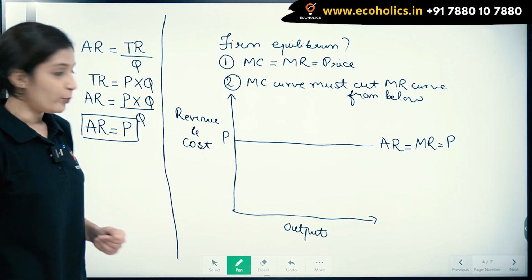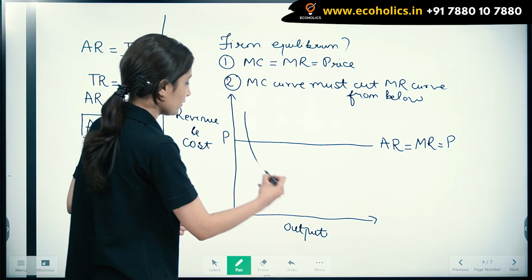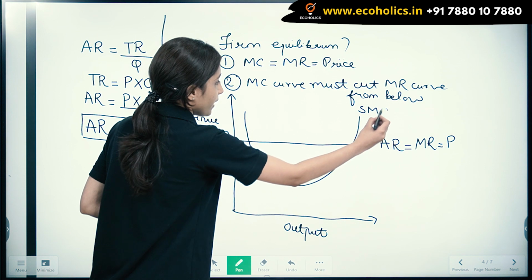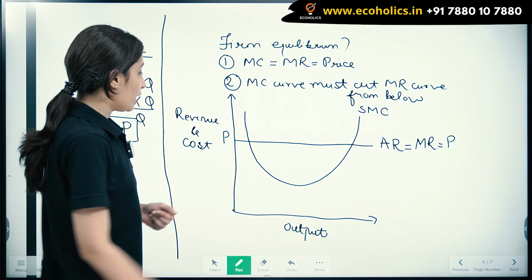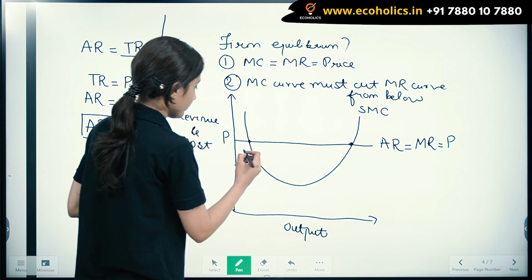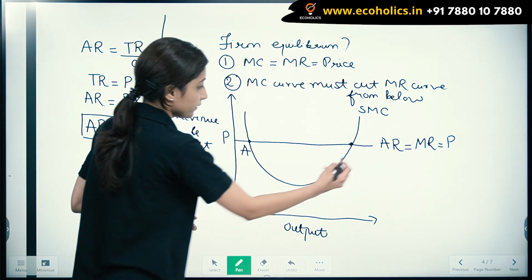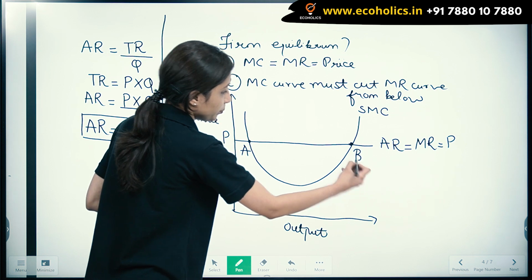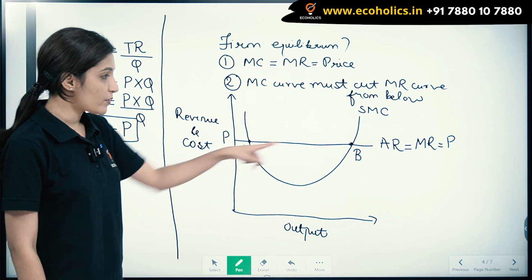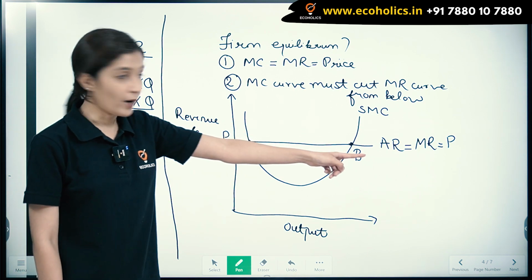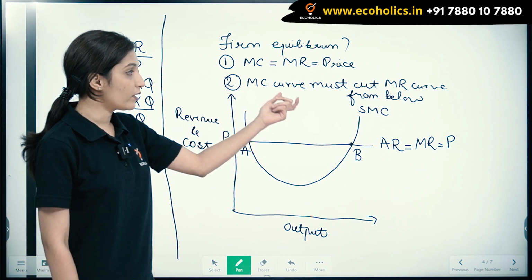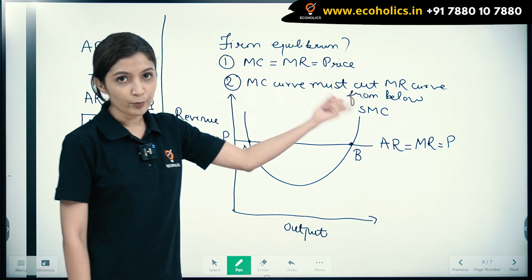Now, the next step would be our short-run marginal cost curve. In this case, we have, let's say, two points: A, and the other point B. We can see that at point A, our MC is equal to MR, but the second condition, that the MC curve must cut the MR curve from below, is not met.